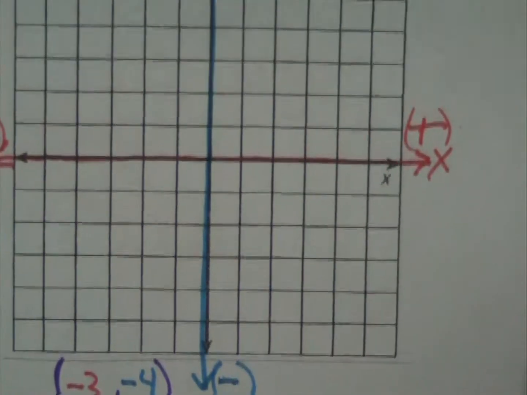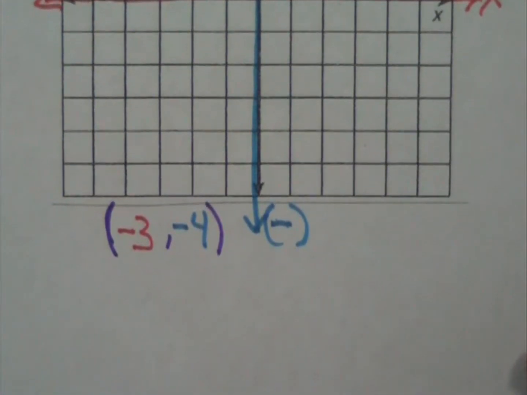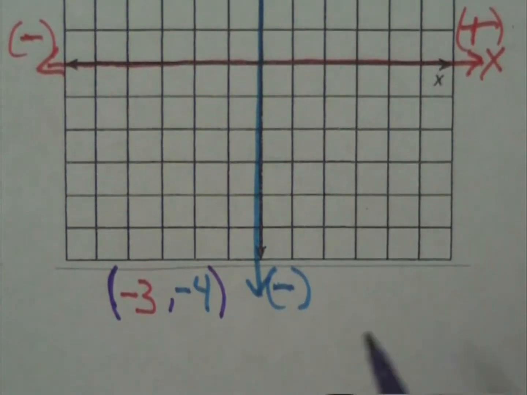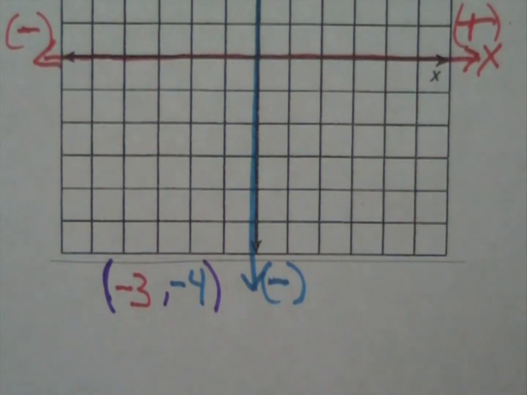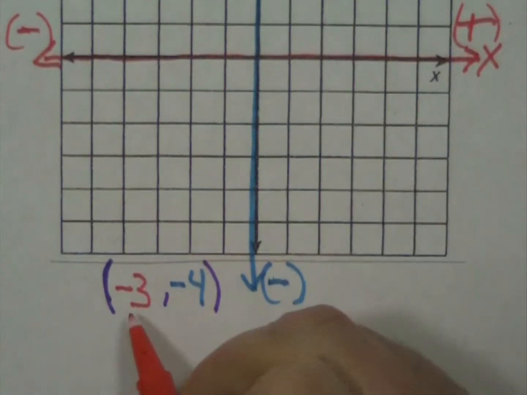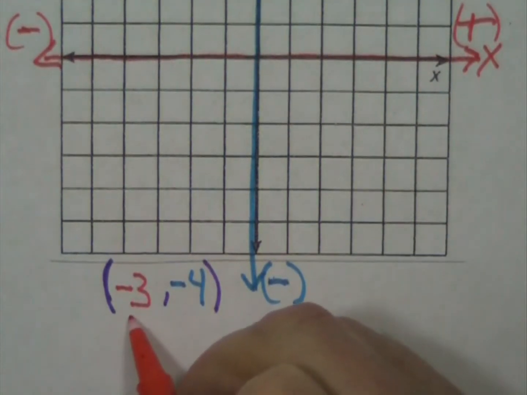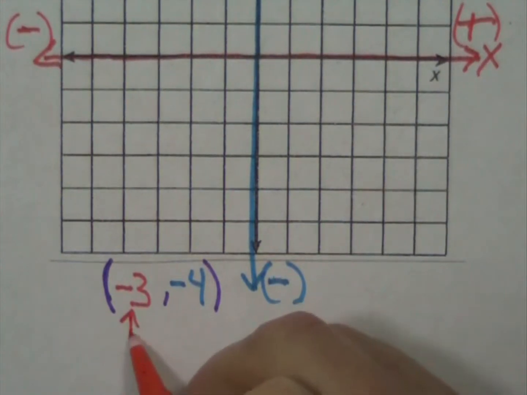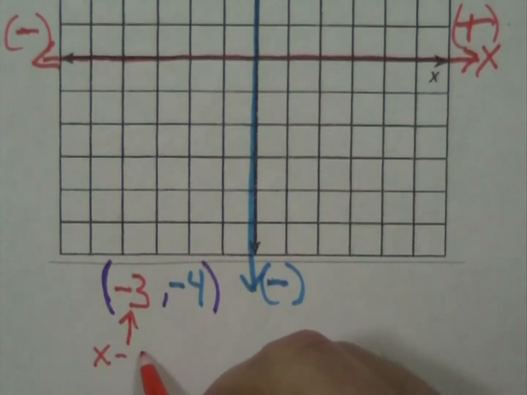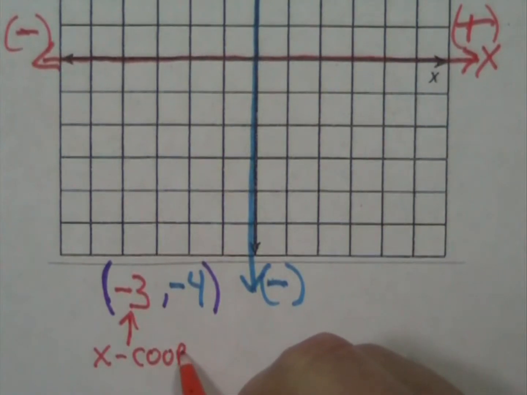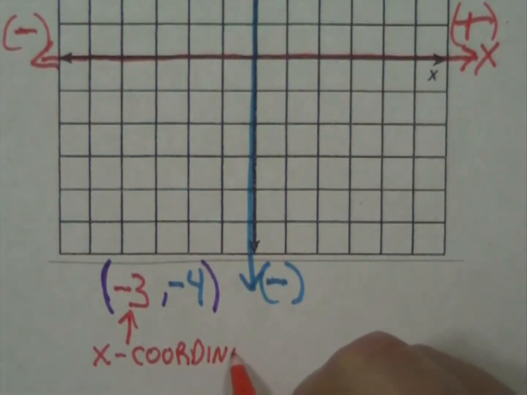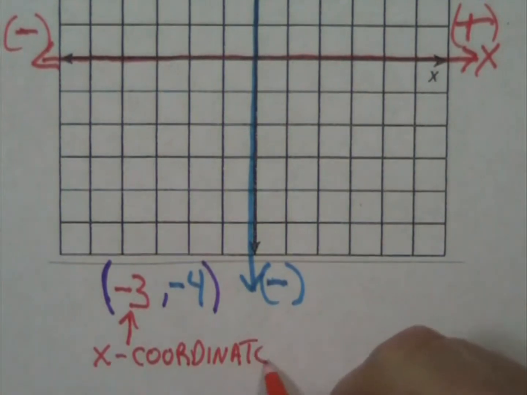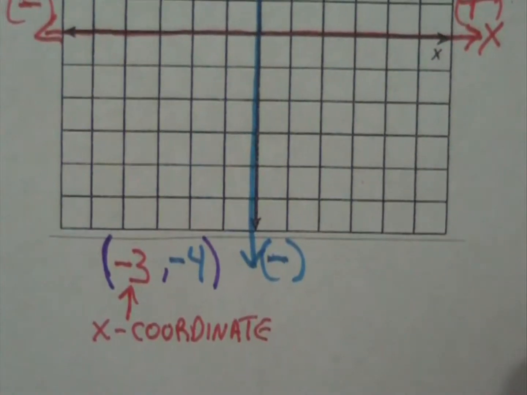Well, take a look here. This right here is an ordered pair. It's -3, -4. Notice how I have it in parentheses. And this right here is our x coordinate.